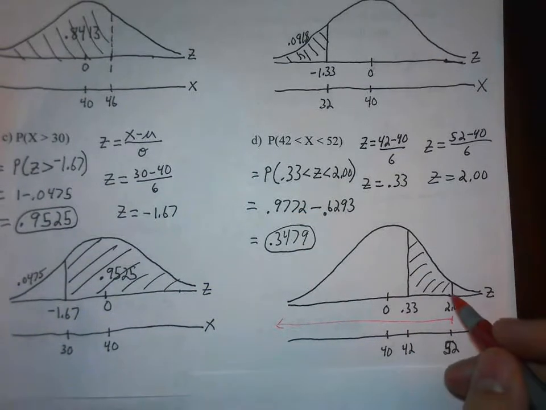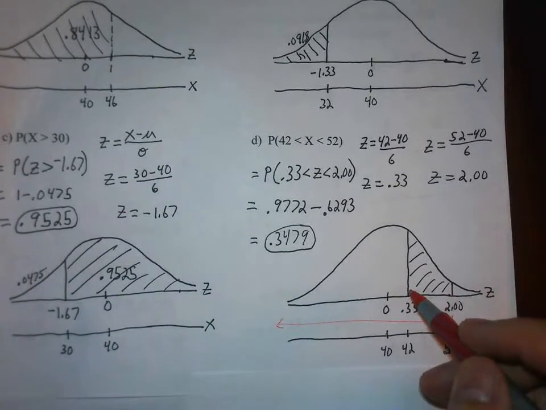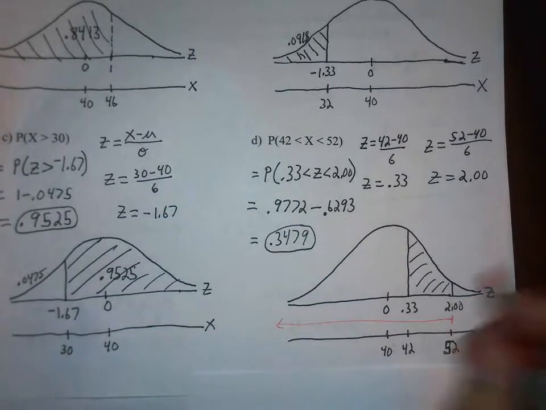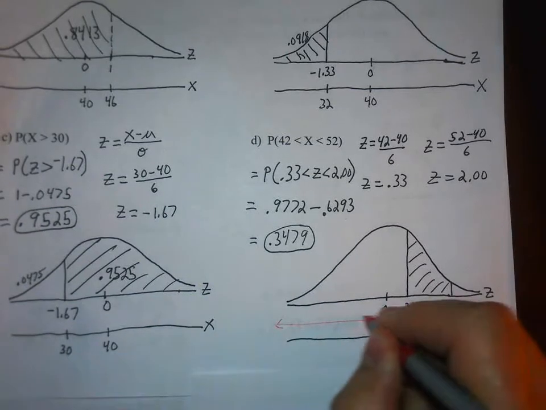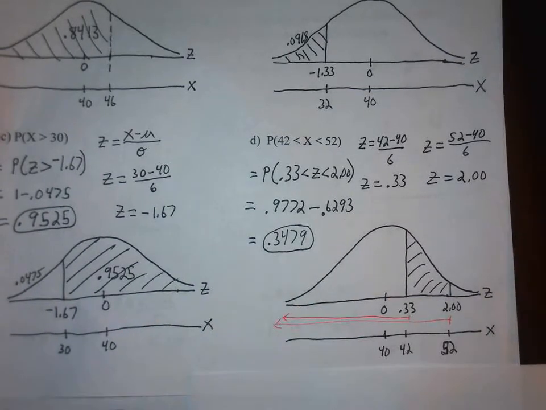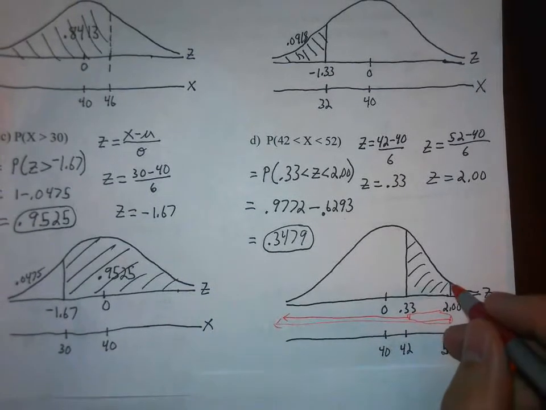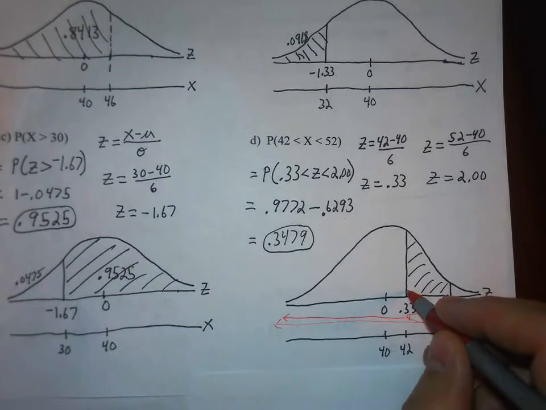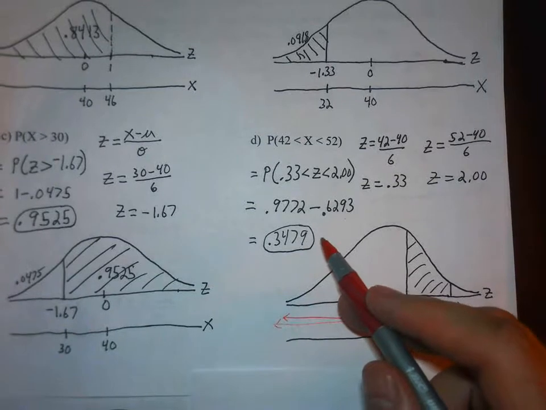That's all the area from 2.00 to its left. 0.33 to its left is 0.6293. So the area from here to the left is 0.6293. So to find the area in between them, you take the larger area minus the smaller area. Okay, and that'll give you 0.3479.